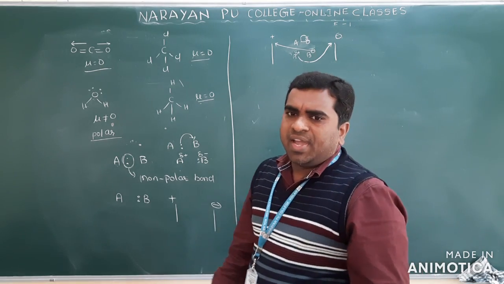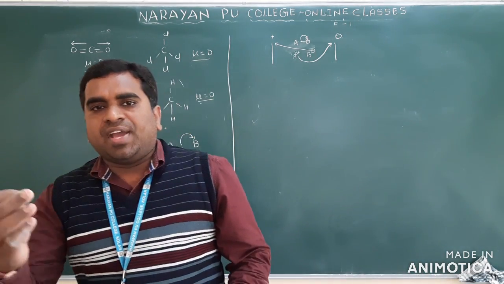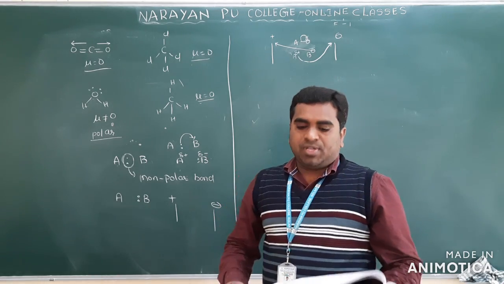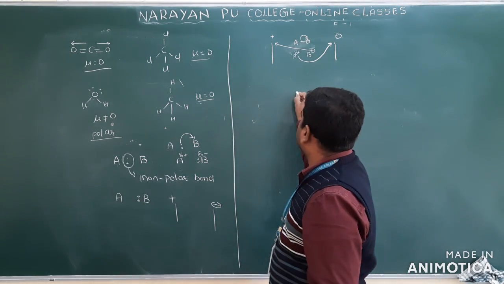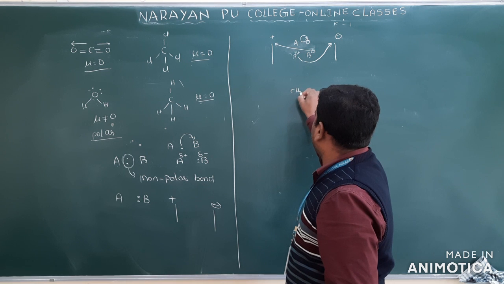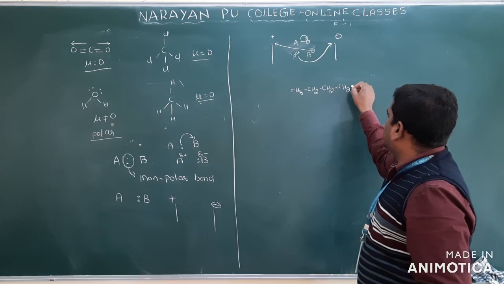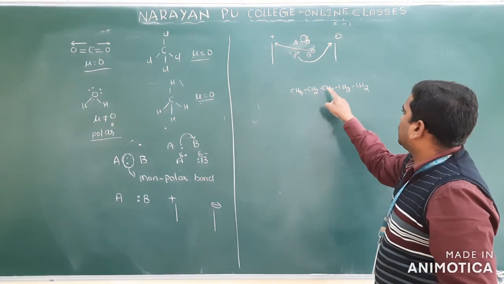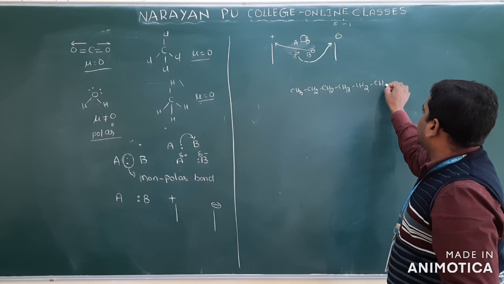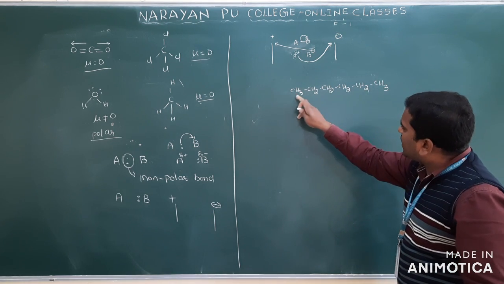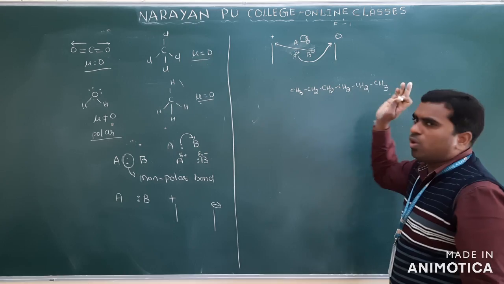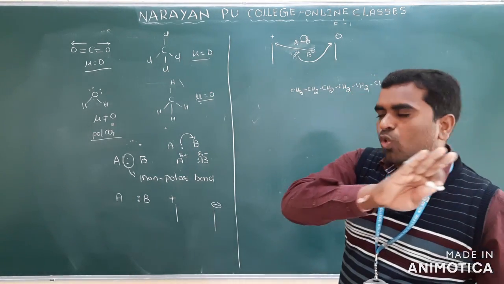So that's why for hexane the dipole moment will be 0. Because hexane means what is it? CH3, CH2, CH2, CH2, CH2, 1, 2, 3, 4, 5, and here 6. In all cases carbon is having valency 4, no lone pair.